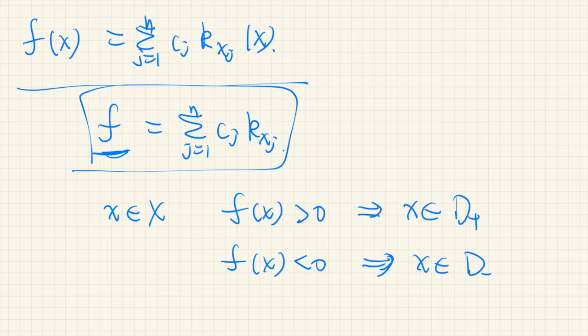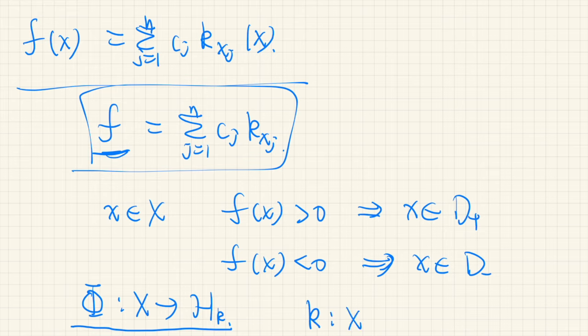In this video, we implicitly assume that we have some explicit form of this feature function phi from the space X to the Hilbert space. However, the real power of the kernel method is that we don't really need to know the explicit form of the feature function. We only need the kernel function, which is a lot easier to calculate. And hopefully such a use case I will explain in a later video.